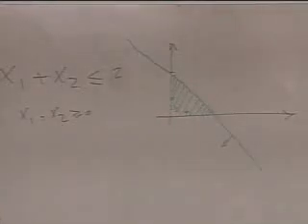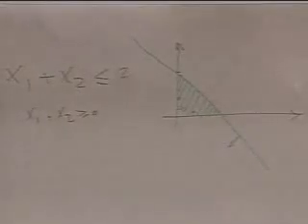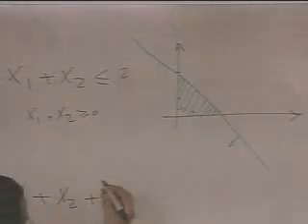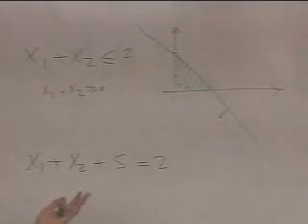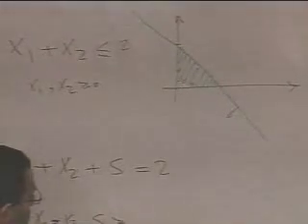Now, instead of looking at the feasible region like this, we can think of something like x1 plus x2 plus s equals 2. S comes from the slack, that's why I just use s. You can use anything. x1, x2 and s are greater than or equal to 0.